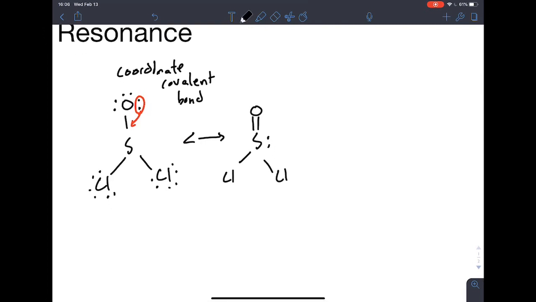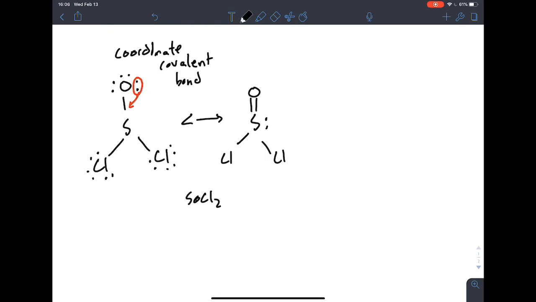You'll find that this happens in this thionyl chloride group, so this is what this SOCl2 is called. But it also can happen in ozone as a separate example. So you can see something where we have an already present double bond connected to a central oxygen atom, and here would be the proper Lewis structure for it with all of these electrons.